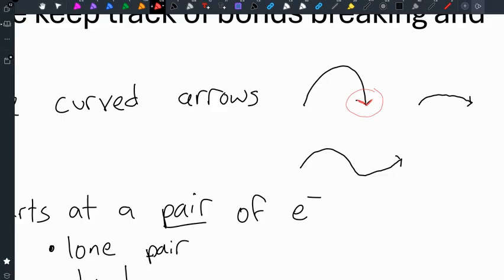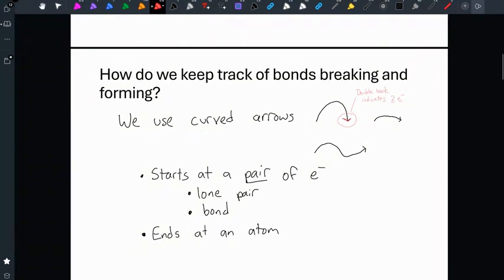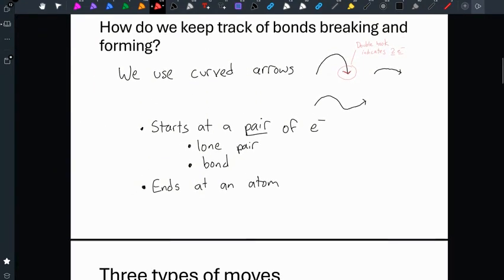We call those fish hook arrows, and those show the movement of one electron. But this double hook indicates 2 electrons. So we call this the curved arrow formalism.